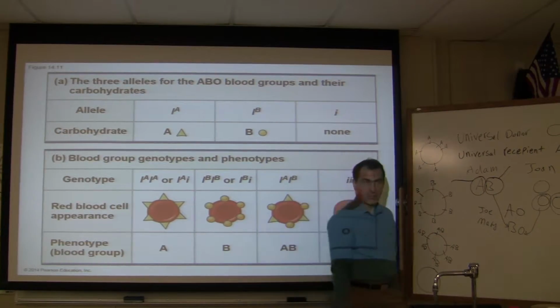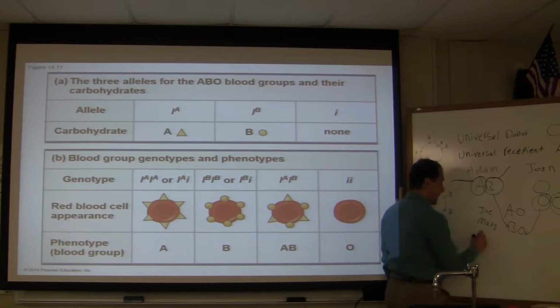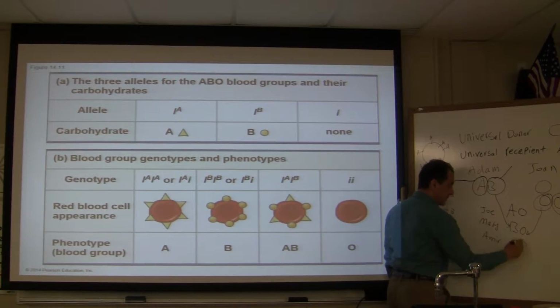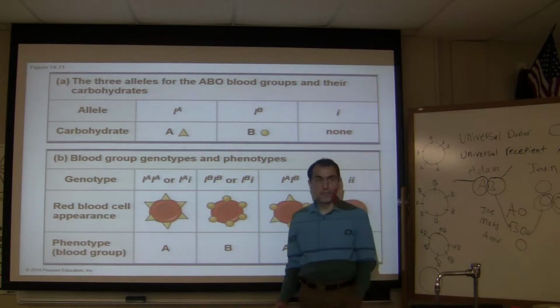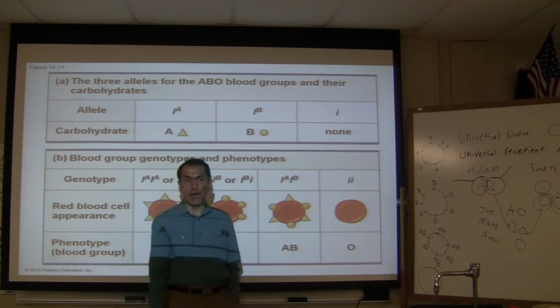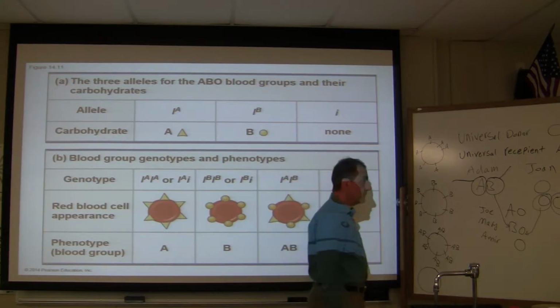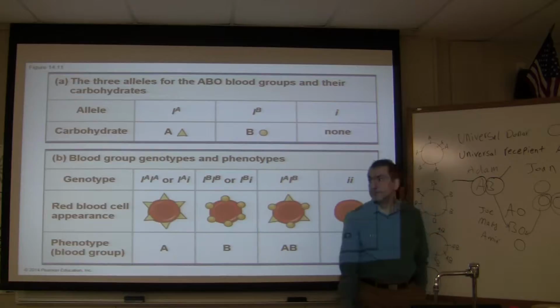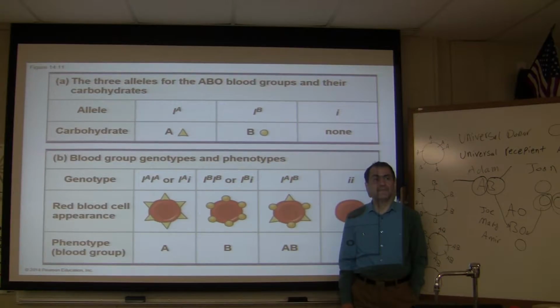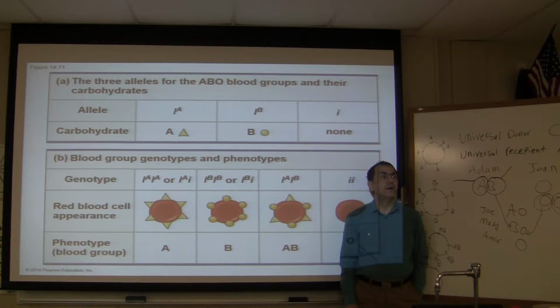They have another child. Am I making some sense? Another child is named Amir, and Amir is blood type O. Is that their child? How? Anybody else who can help her out?